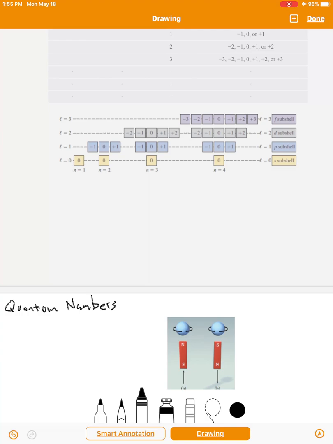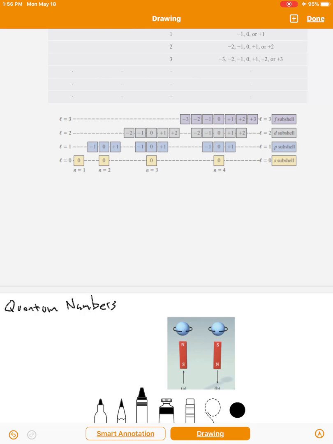And for all of the boxes, so in the middle where n equals 3, you've got 1, 3, and 5, so that's a total of 9 boxes. All of those boxes together, or all of those combinations of quantum numbers, that's called a shell, and it would be the n equals 3 shell. And then you can go all the way to the 4 shell.